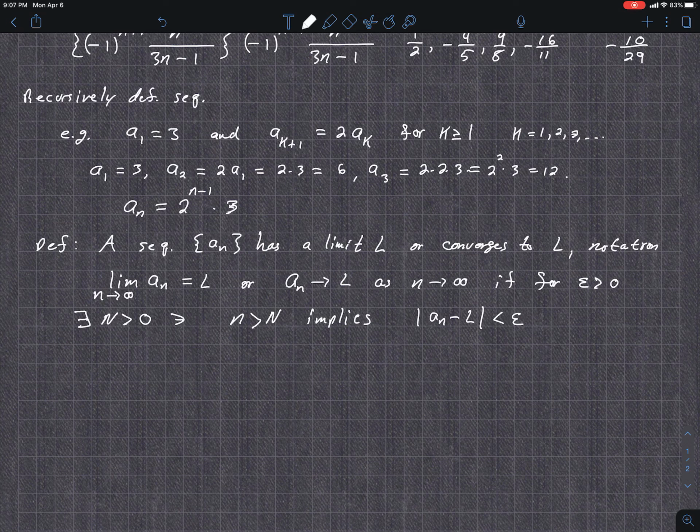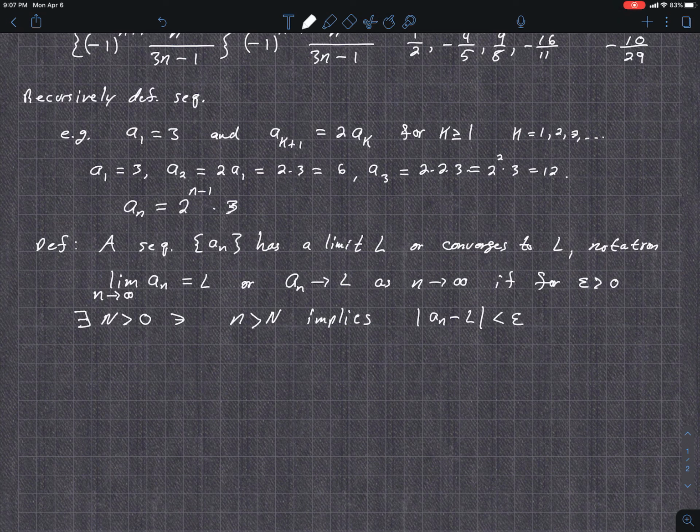So basically what it's saying is eventually, if you keep going, there's going to be a value, let's think of capital N as being a fixed value. After N, you can get as close to L as desired because epsilon is arbitrary. So you can get as close to L as desired if you just go past capital N.